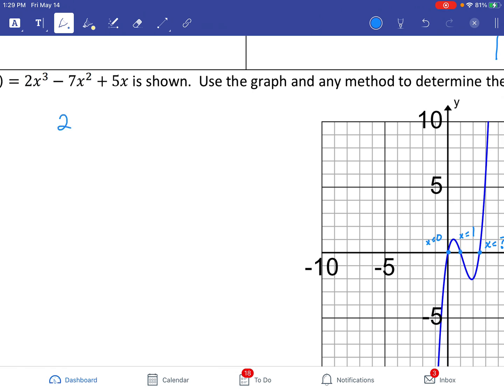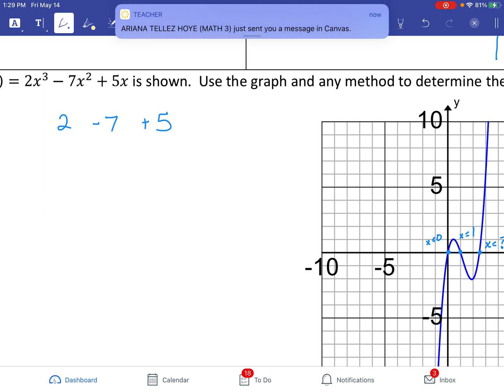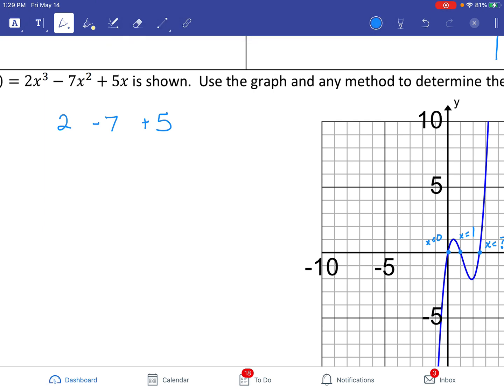So we have 2x to the 3rd minus 7x plus 5. You're noticing we are missing a term. Not an x term, just a number term, sorry. So I'm going to put down plus 0. We use 0 first.